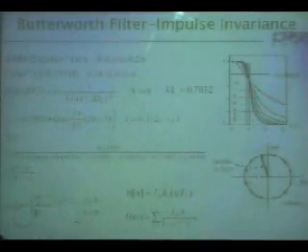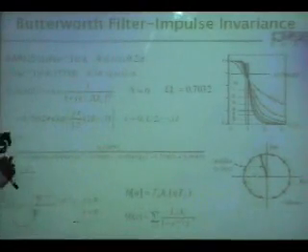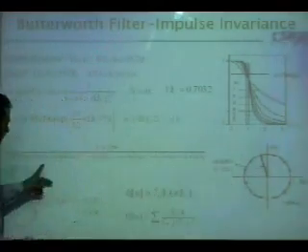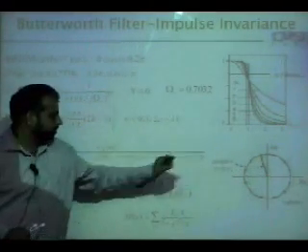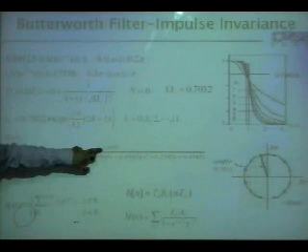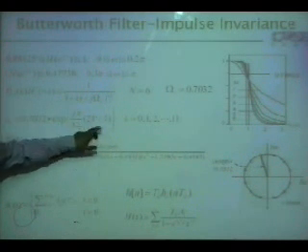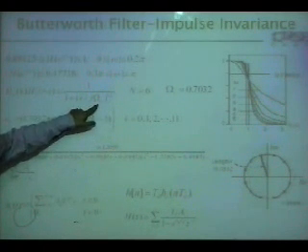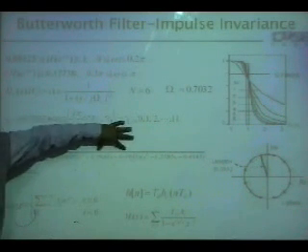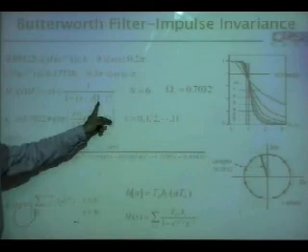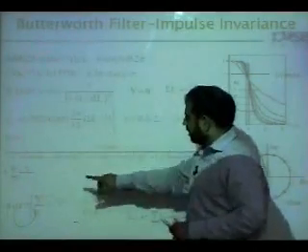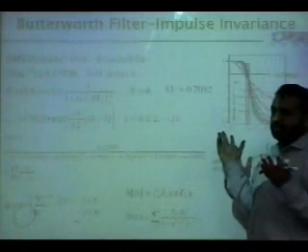Take these 6, combining the pairs together, this and this, this and this, this and this, will make 3 second degree polynomials. Usually this number appears in the numerator instead of 1. It is because of this omega c, perhaps raised to the power 12 or 6. So this constant will always be the constant which is appearing in the denominator. Other than this, these are all the poles, 6 of the poles.